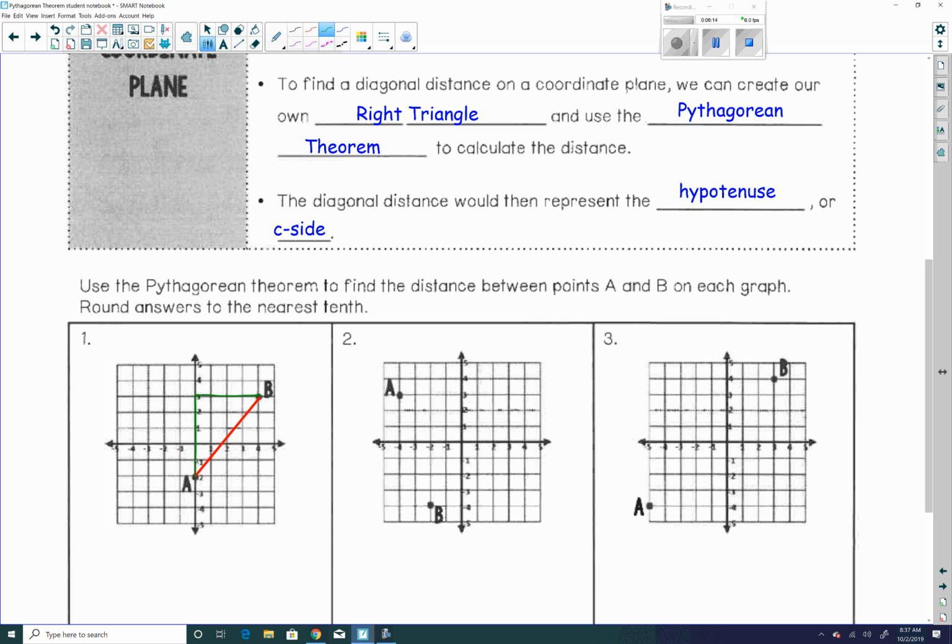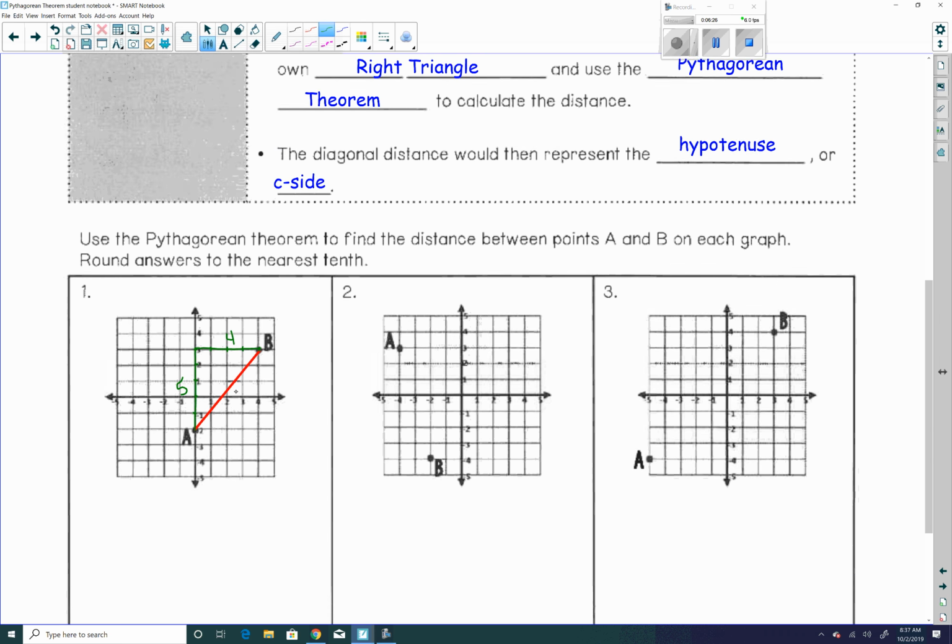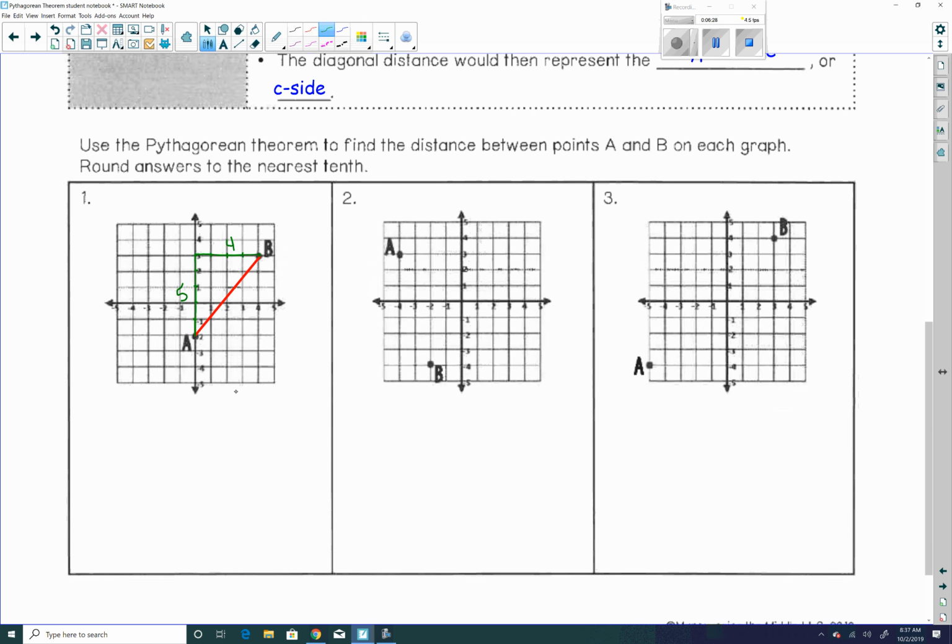I'm going up 1, 2, 3, 4, 5 units before I turn, and then I'm going 1, 2, 3, 4 units. So I can use my Pythagorean theorem now. I'm looking for the c side. So go ahead and set this up.